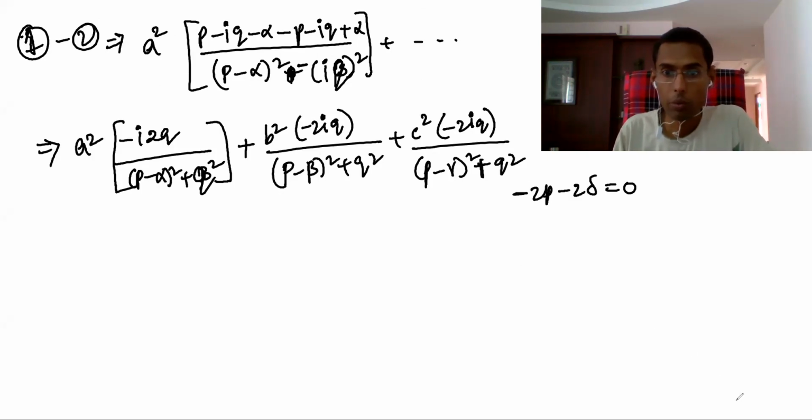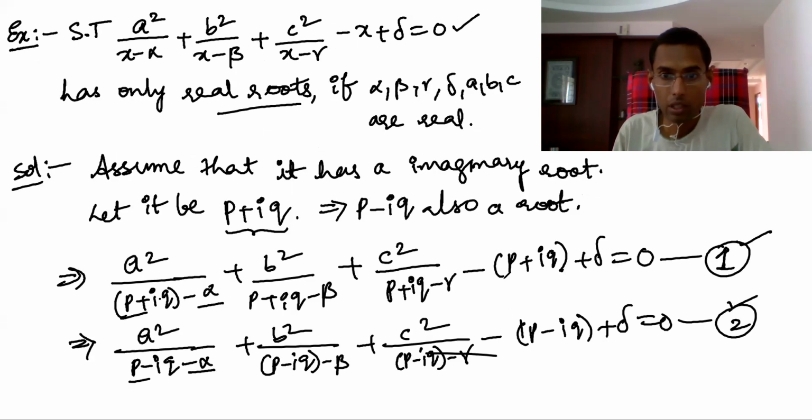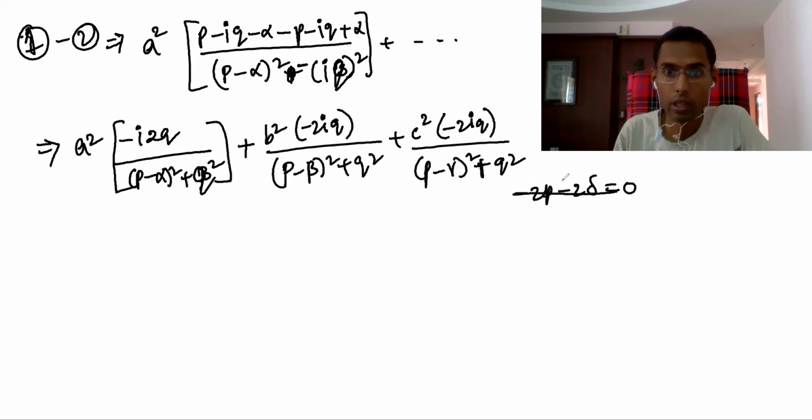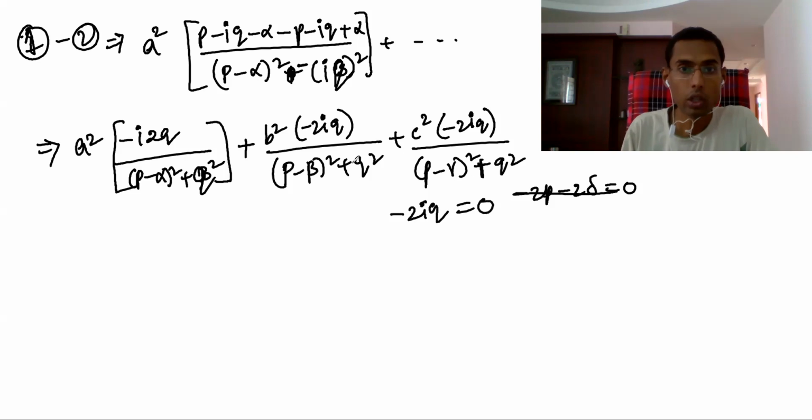Now, one minute, here we are subtracting, then minus p minus of minus plus p gets cancelled. Here minus iq, here minus iq, minus 2iq, this delta gets cancelled because we are subtracting. So this is not there. Minus 2iq equal to 0. So what we can do is take minus 2iq common.